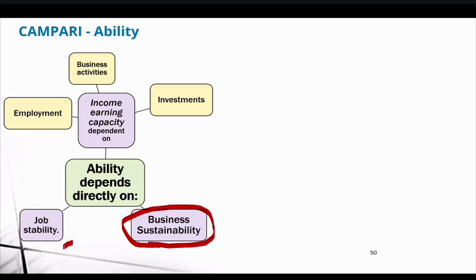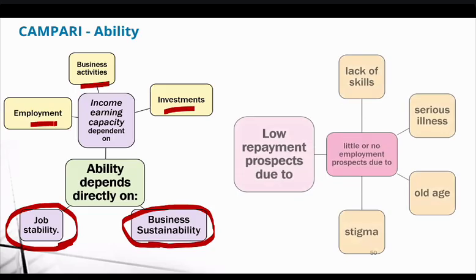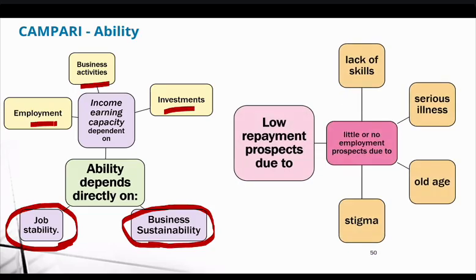If they are an employee, how stable is their job? And their income earning capacity is based on investments, business activities, and employment. Low repayment prospect could be due to the following factors. This is very, very straightforward. In case you're wondering what is stigma, for example, an example of stigma.